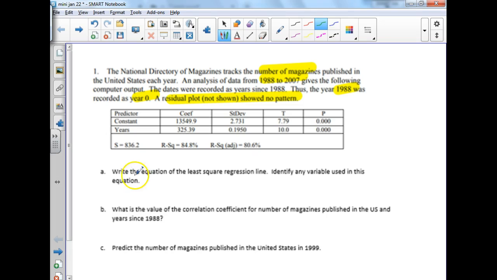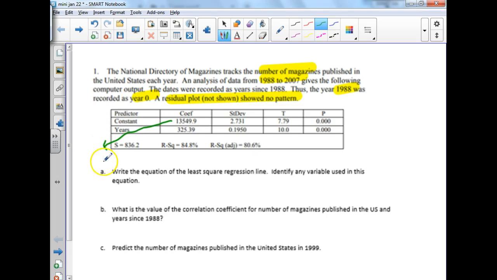So the first thing we need to do is look at each of these equations. It says write the equation of the least squares regression line. Identify any variable used in this equation. When analyzing this output chart, with your predictor, coefficient, constant, and years, there are a couple of key pieces of information.